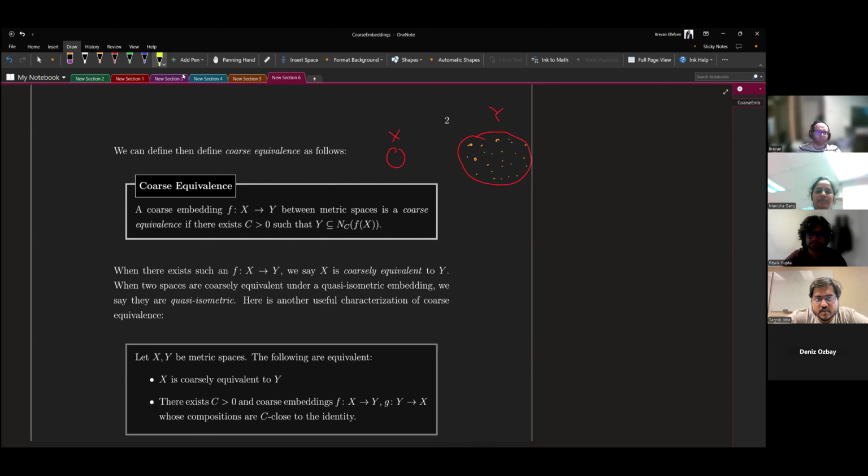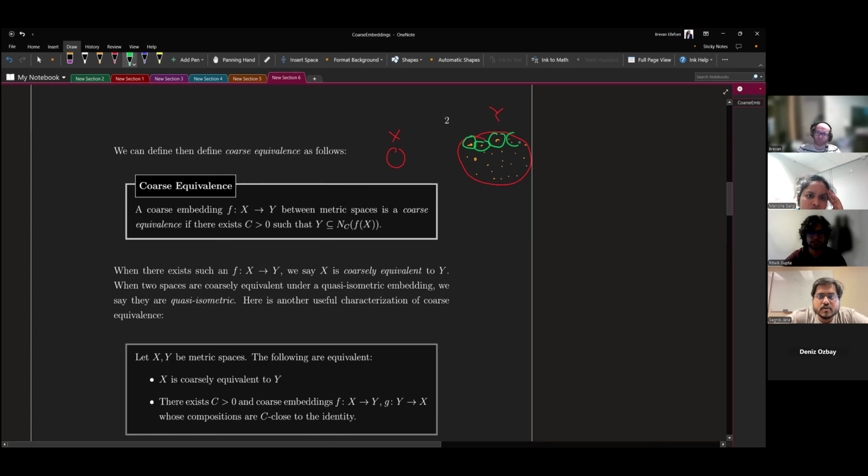Okay, then we imagine we take our space X and we embed it in our space Y, and we imagine in general a lot of little dots. Around each of those, we hopefully can find some distance C, such that if we surround all of these things by C balls, ideally that would cover our whole space.